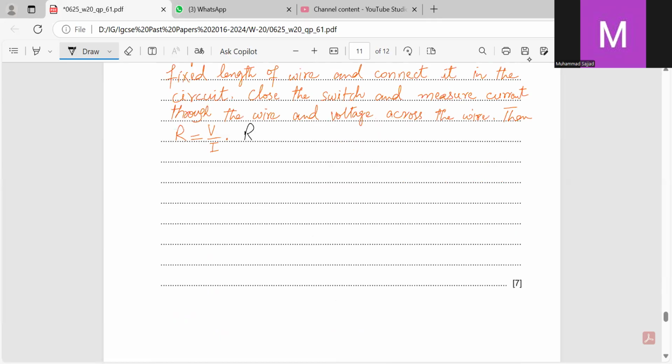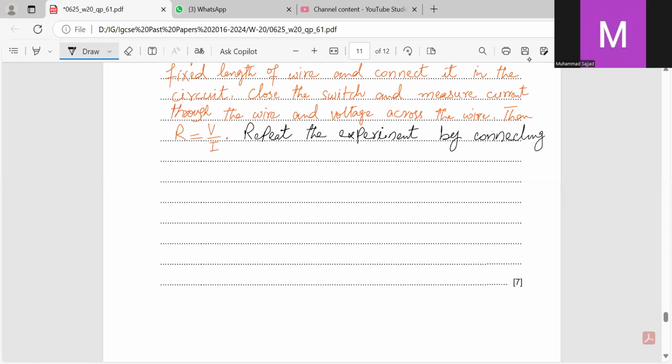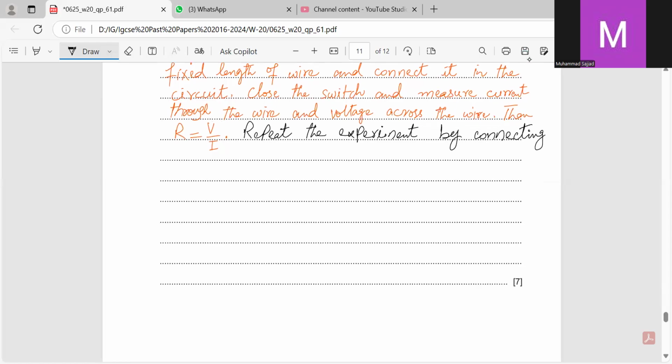So repeat the experiment by connecting different metal wires in the circuit.